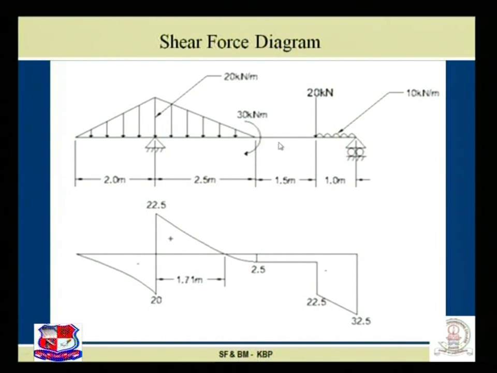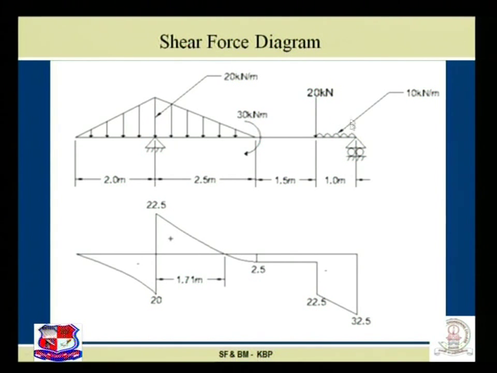Between this point and this point, there is not a single load. Hence, the variation of the shear force diagram is shown by a horizontal straight line. Under the action of a point load, shear force changes abruptly. A sudden change will be there.